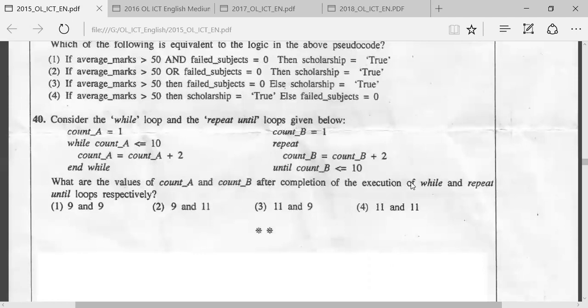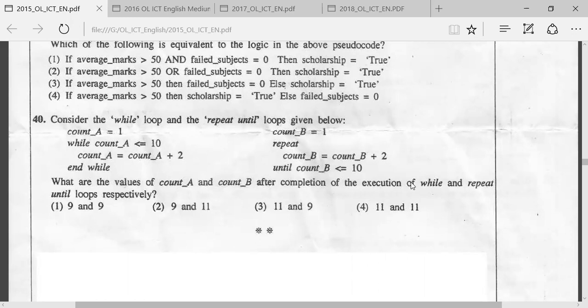Count A is equal to 1, so initially the initialized value is A equals 1. While count less than or equal to 10, count A equals count A plus 2.